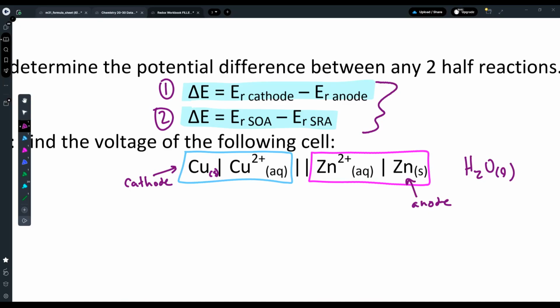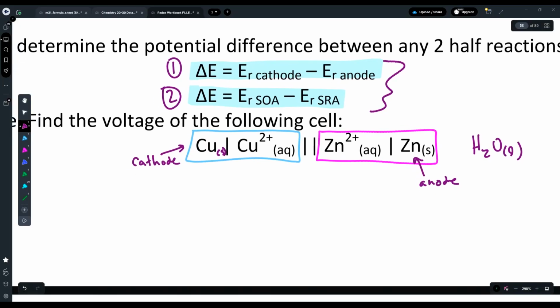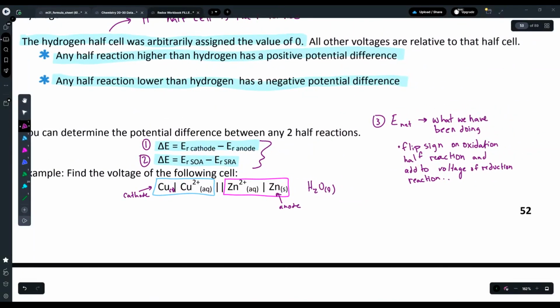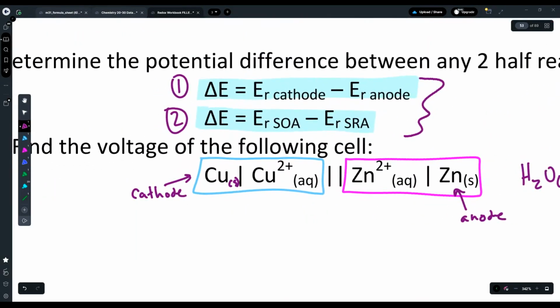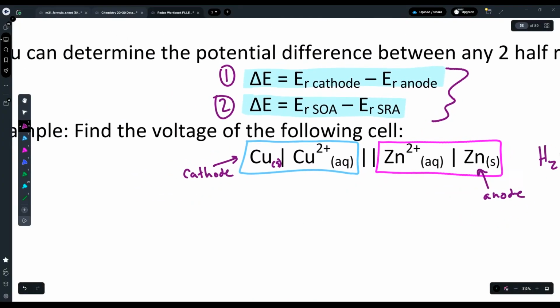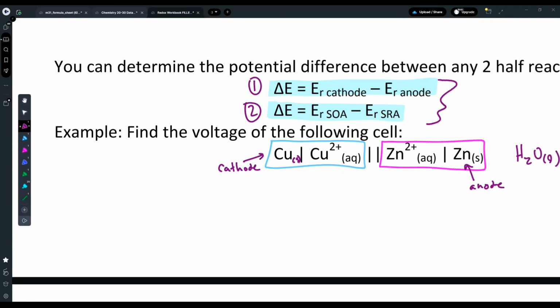Now what I can do here is I can choose which method I want to use. Because I've already showed you guys how to do this, I'm going to move on to just showing you how one of these first two options would work. Alright, so just arbitrarily, I'm going to do option number 1. So we're asking ourselves, what reaction is occurring at the cathode?